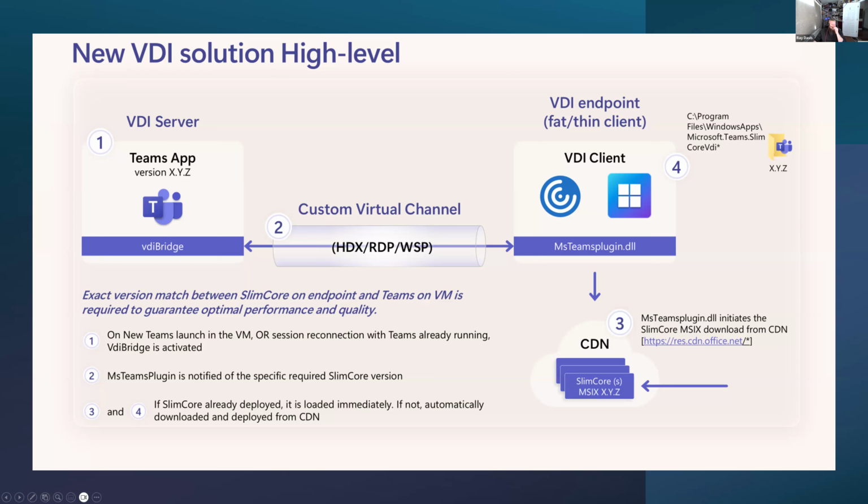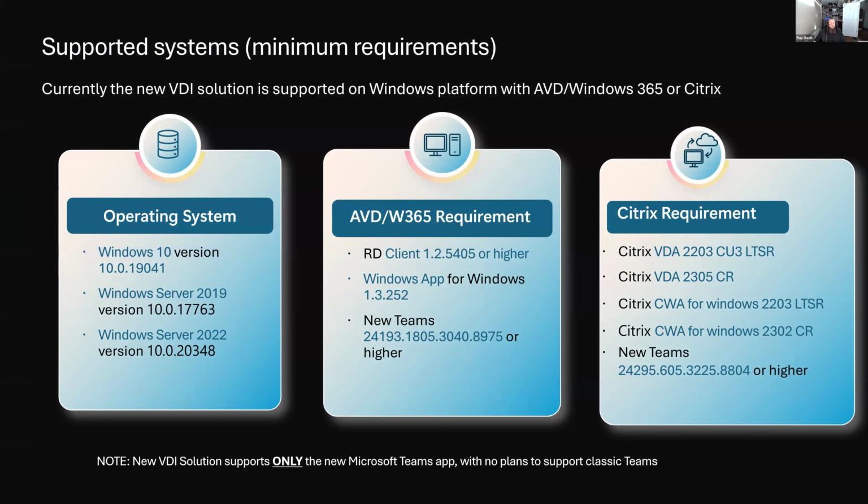So some of the prereqs, right, are Windows 10 and 11. I don't have 11 in here, but Server 2022. And then the RDP client: if you're using AVD or W365, it's wrapped into the Remote Desktop app, or the newer one, which is the newer Windows app. That's encompassing everything, where everything's going to launch your AVD or your W365 desktop.